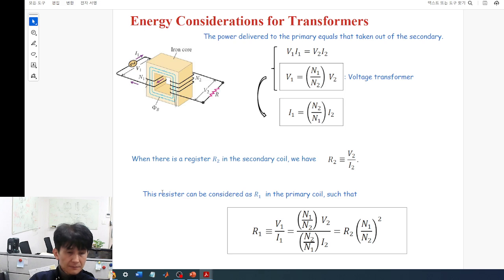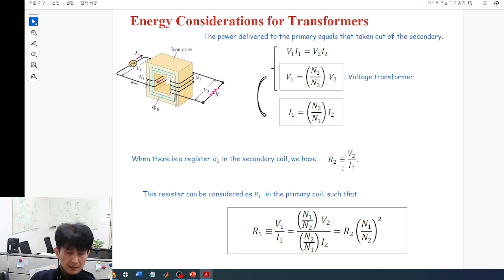If this resistor can be considered as R1 in the primary coil, then even though there is a resistor at the secondary coil, we can consider it as if it is directly connected to the first coil, which provides the same amount of power.